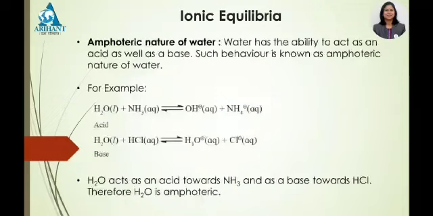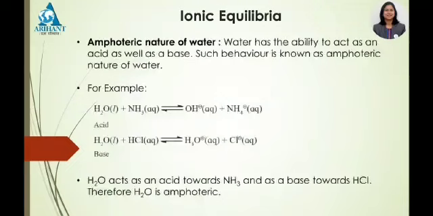Amphoteric nature of water. Water has the ability to act as an acid as well as base. Such behavior is known as amphoteric nature of water. How it behaves like an acid, like a base. Example, let us take an example. H2O, right?